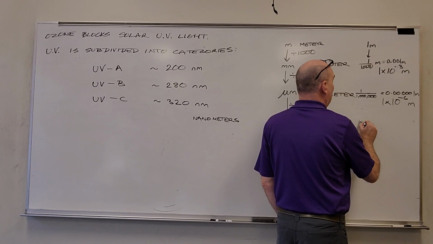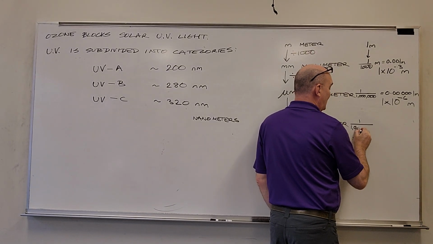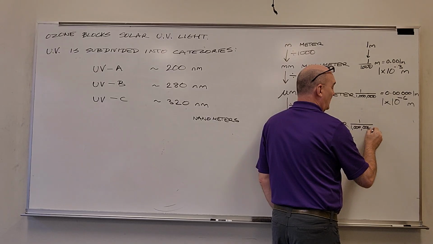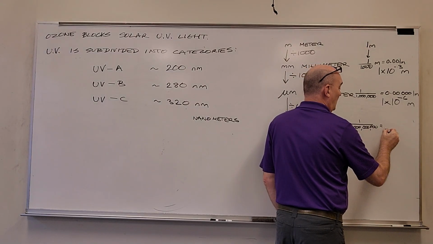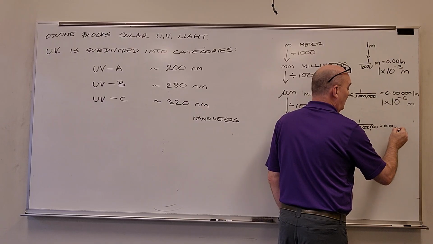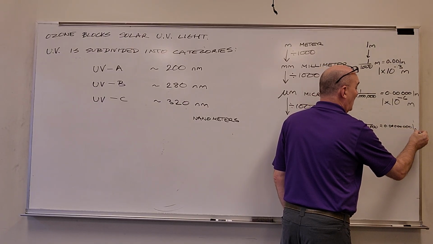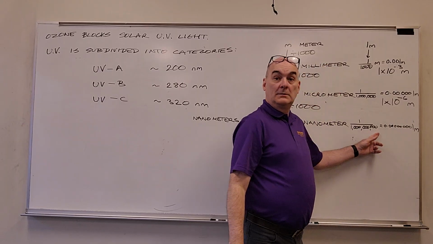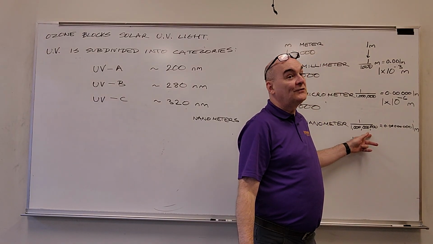The nanometer is 1,000th of this millionth, so that's a billionth of a meter, which is 0.0000000001. At this point, if you have to write that many zeros out, you're running the risk of doing it wrong.